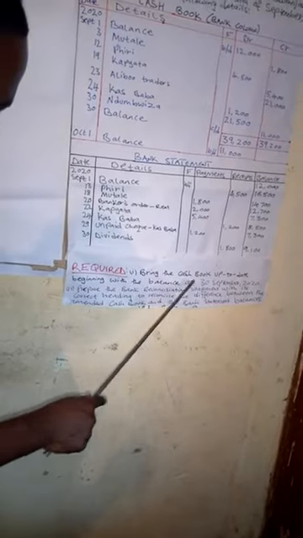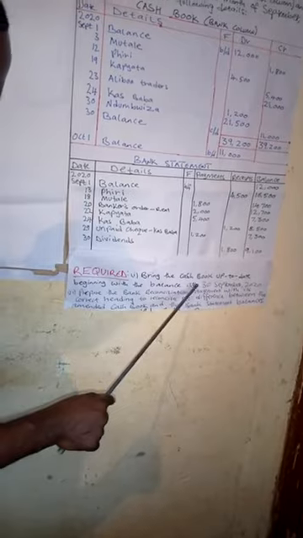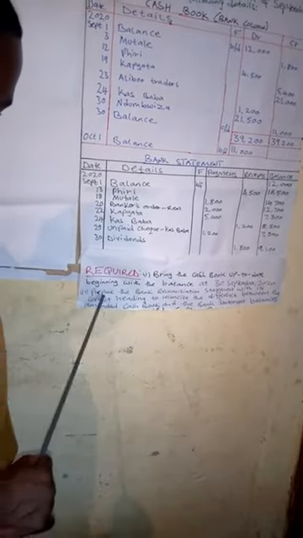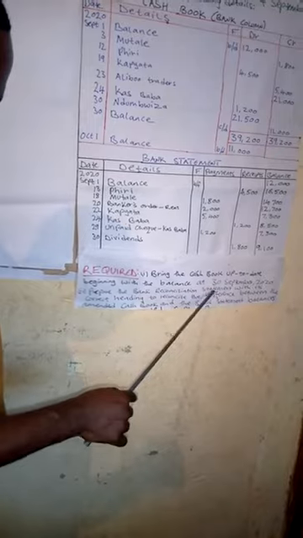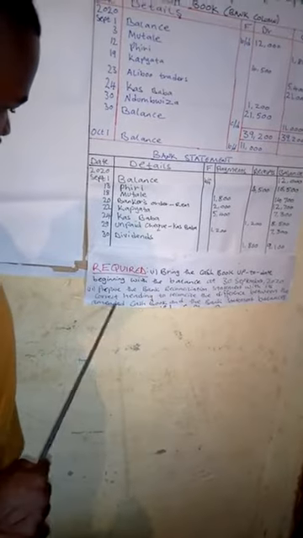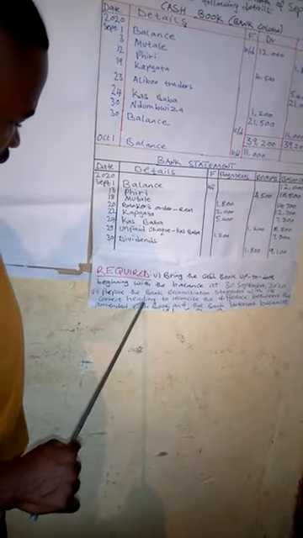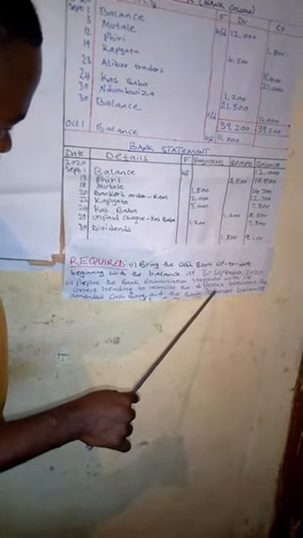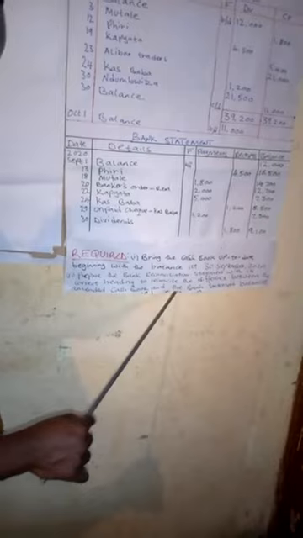Then the requirement here, 1, bring the cash book up to date, beginning with the balance at 30th September 2020. 2, prepare the bank reconciliation statement with its correct heading to reconcile the difference between the amended cash book and the bank statement balances.